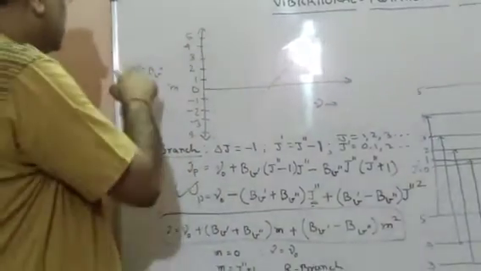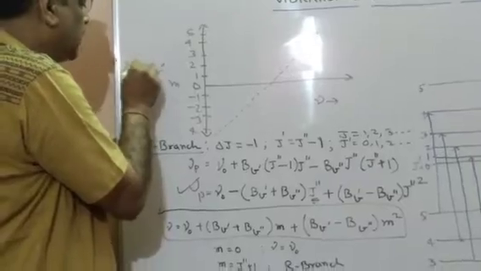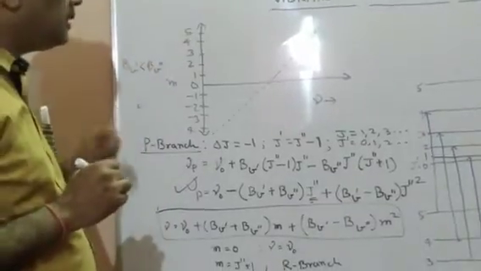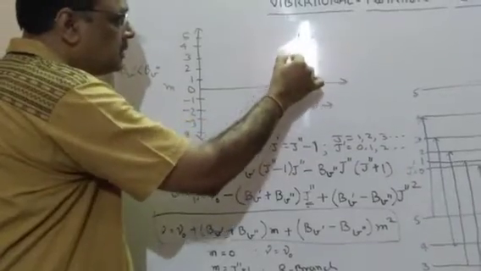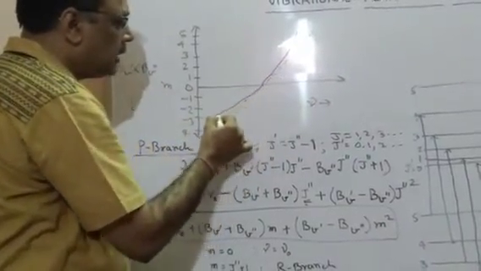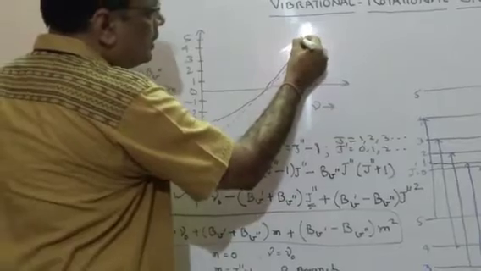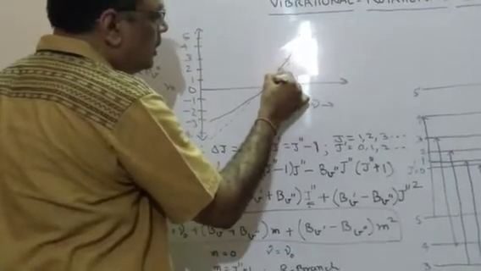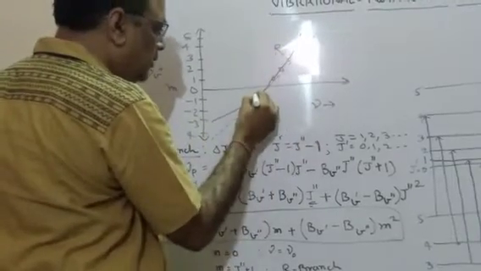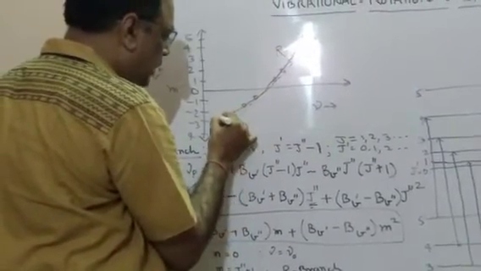But since we know that BV double prime is greater than BV prime, what will we get? We get a departure from this straight line, and we get a curve like this. Here we get the values for the R branch, and then we get the values for the P branch.